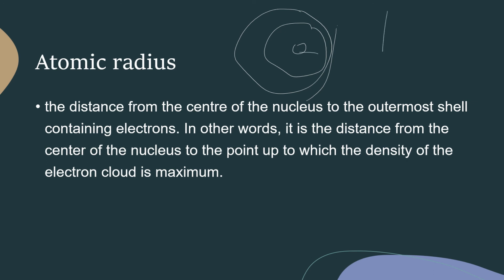Going down the group, because the number of shells is added, the atomic radius increases from top to bottom. Or in other words, atomic radius is the distance from the center of the nucleus to the point up to which the density of the electron cloud is maximum.